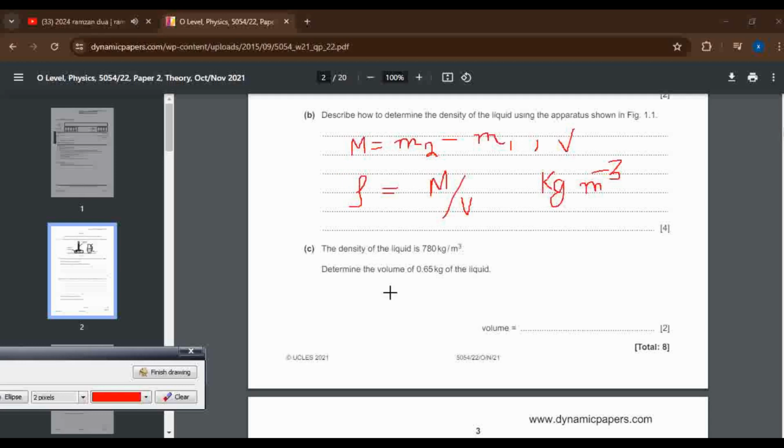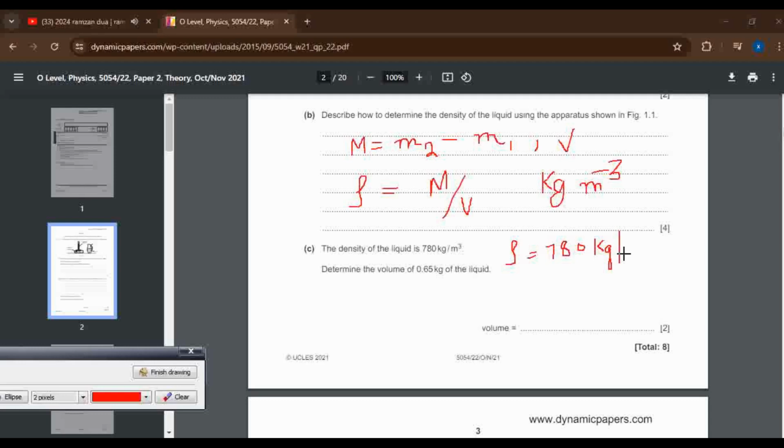Question part C: the density of the liquid is given here, 780 kilogram per meter cube. Density we denote by rho. Density is equal to 780 kilogram per meter cube.